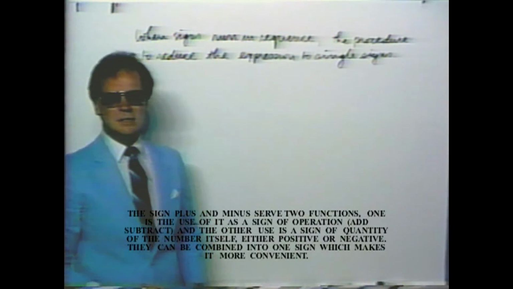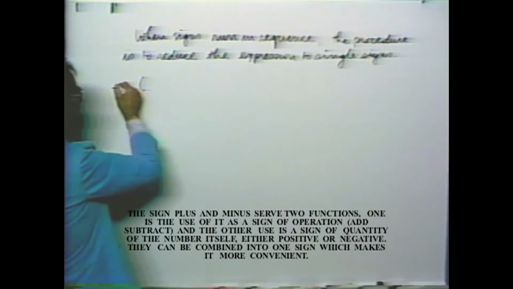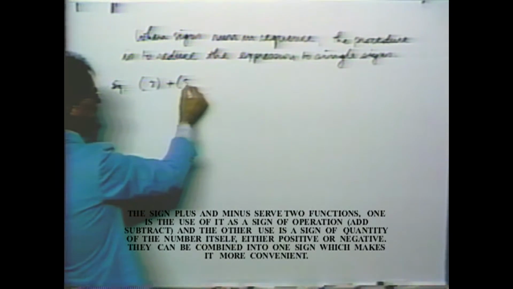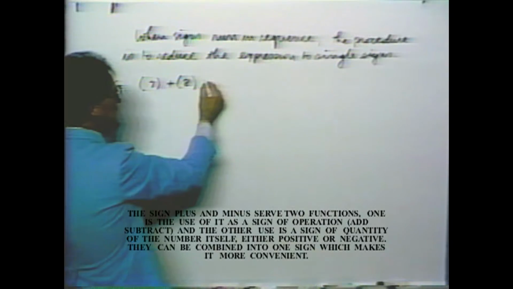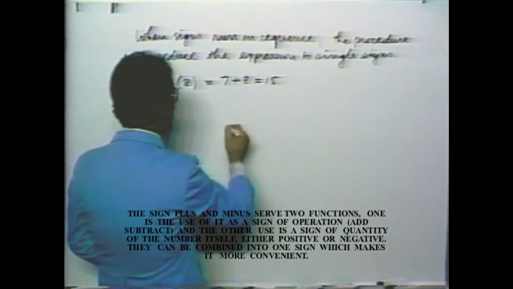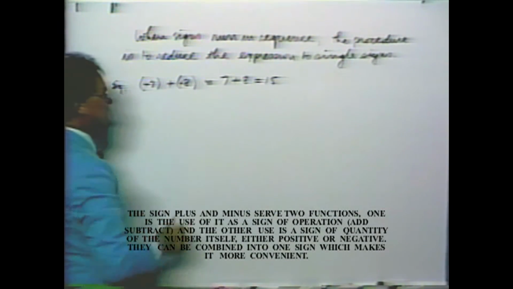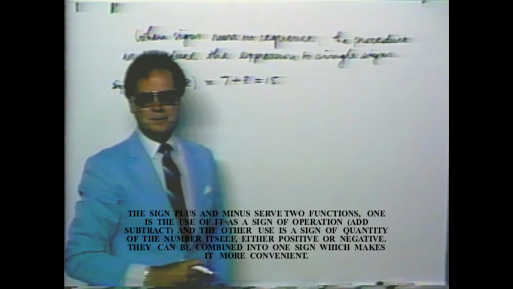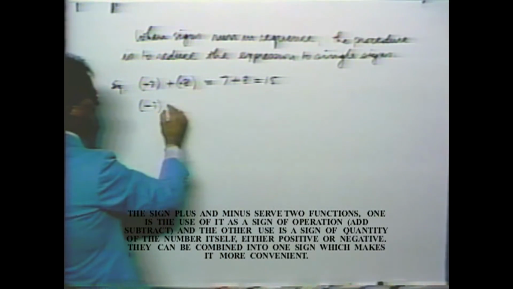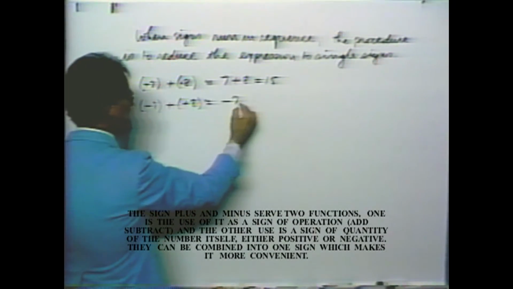For example, as I have shown earlier, when dealing with 7 plus 8, we just write this as 7 plus 8 and not worry about the fact that each of these have plus signs in front of them. Another example that I had done earlier is this one, which is simply minus 7 plus 8.